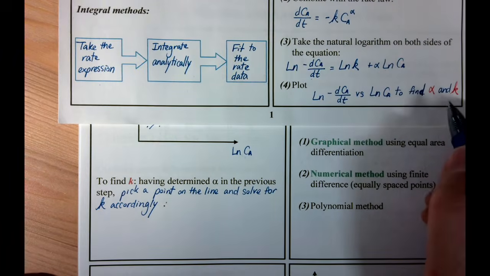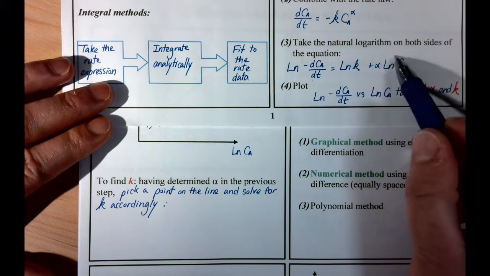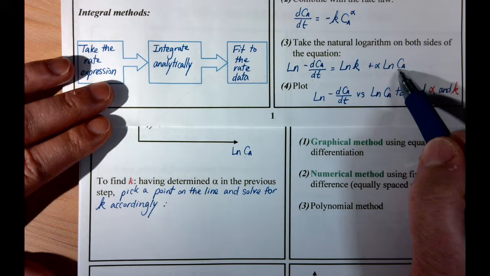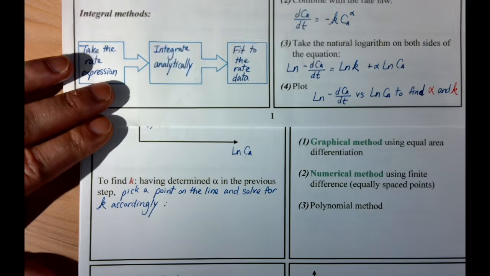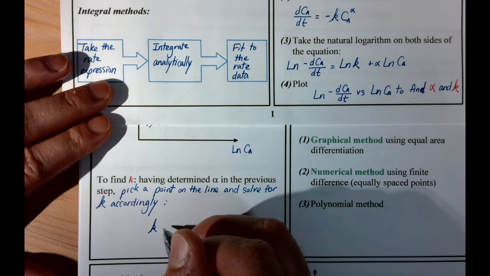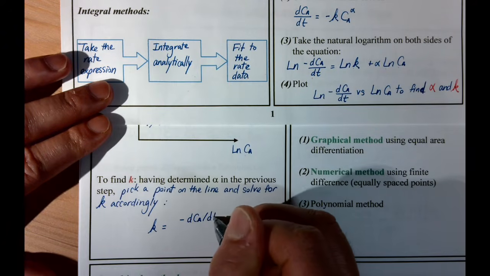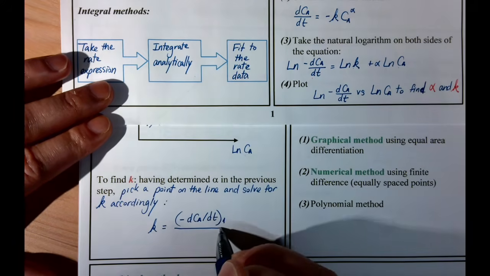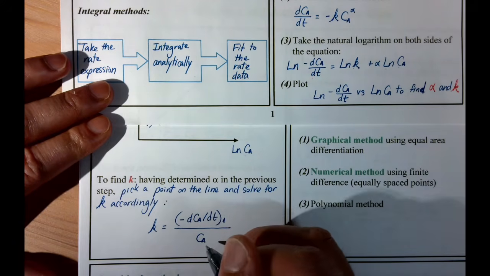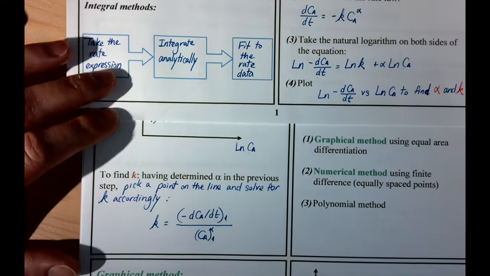So basically we would pick a point, we'd know what the natural log of CA would be for that point, that would be the x value, and its corresponding y value, and we would solve for natural log of k and then k. So k would be equal to minus dCA/dt for point 1 divided by CA to the power of alpha for that point.